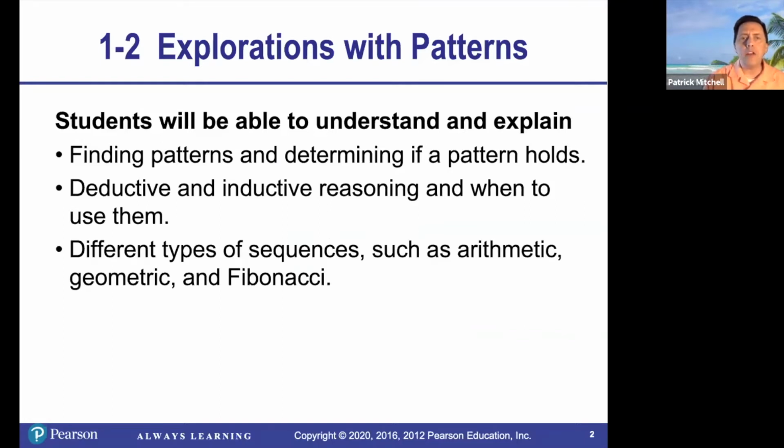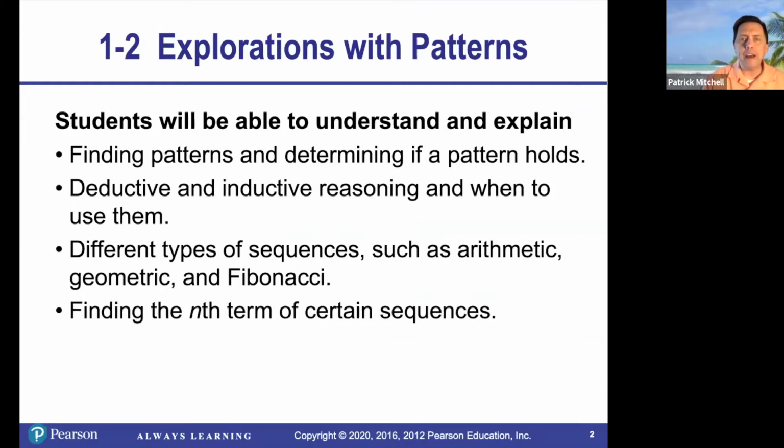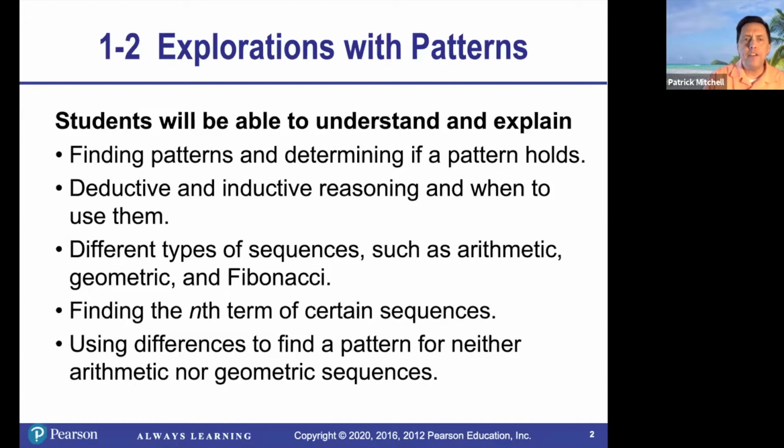We will also talk about different types of sequences such as arithmetic, geometric, and Fibonacci. And we will find the nth term of certain sequences. Finally, we will use differences to find a pattern for sequences that are neither arithmetic nor geometric.